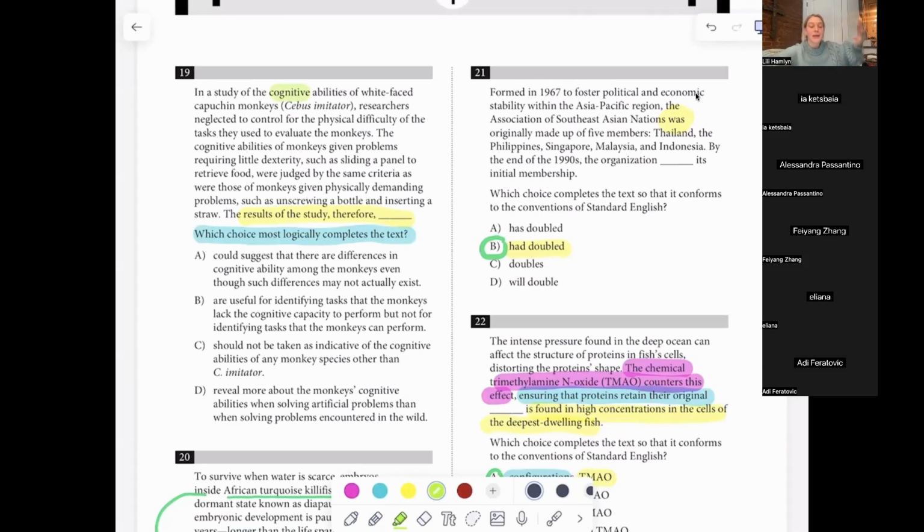So the results of the study could suggest that there are differences. If the group of monkeys just opening something all have really high cognitive functions, and a group given something really hard had really low cognitive functions, it could suggest that there are differences in cognitive ability, even though they don't actually exist, because there wasn't a control test of what the monkeys were given.